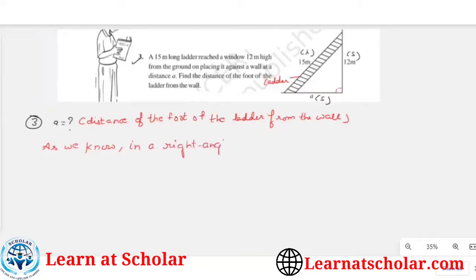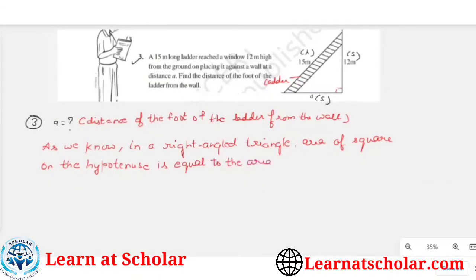As we know, in a right angle triangle, the area of the square on the hypotenuse or the longest side is equal to the sum of the areas of squares on its sides or legs. So 15 square is equal to 12 square plus A square.